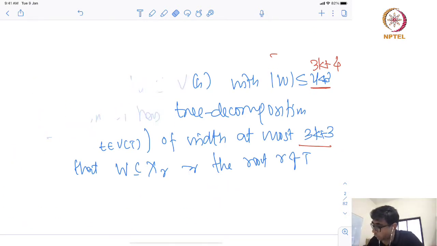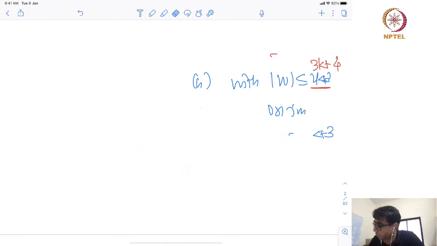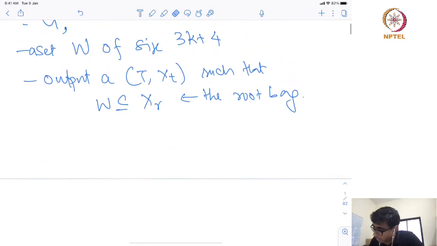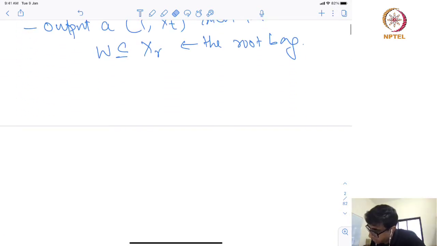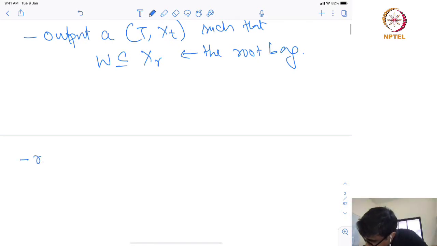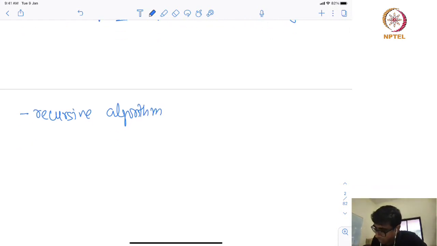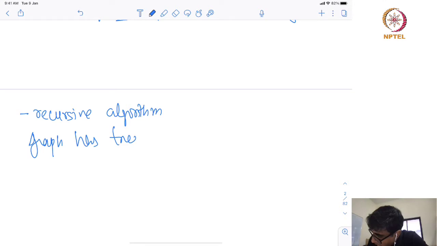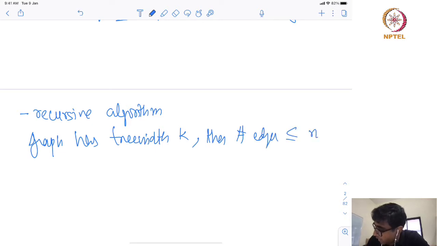So, what are the steps of our algorithm? The algorithm is a recursive algorithm, and it works as follows. First of all, you know that if the graph has tree width k, then the number of edges in this graph is upper bounded by n times k.